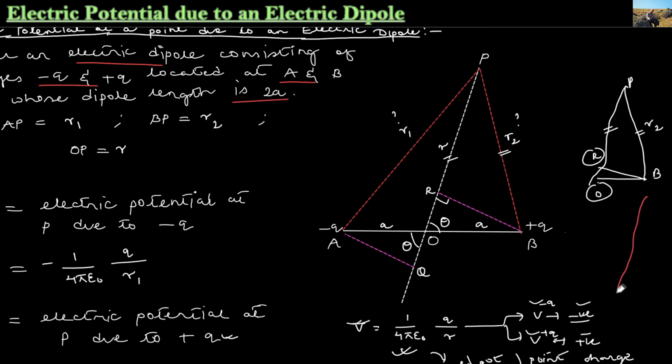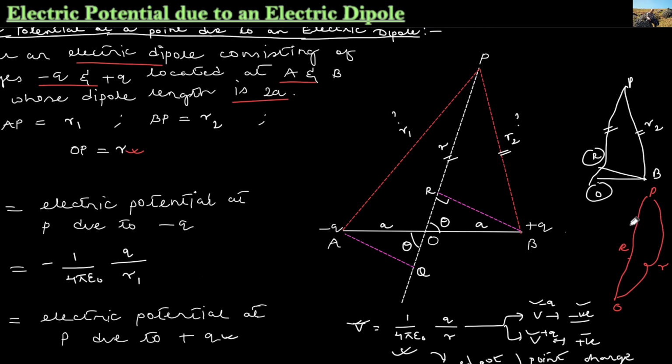This is P, the equatorial point, and we have R and O over here. What is this full distance from O up to P? It is given by this.